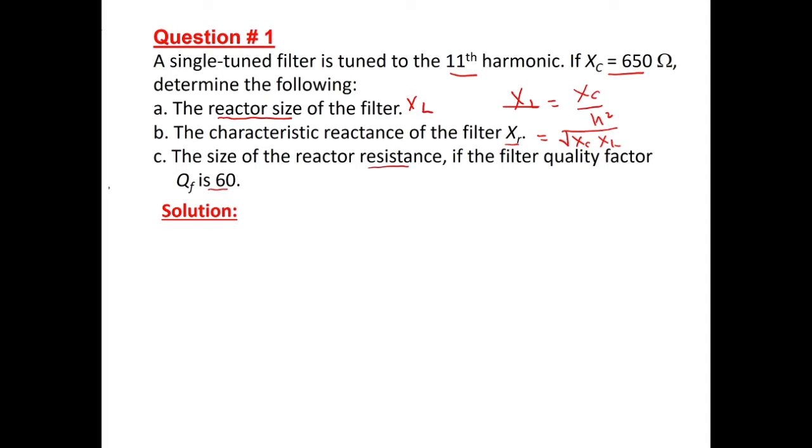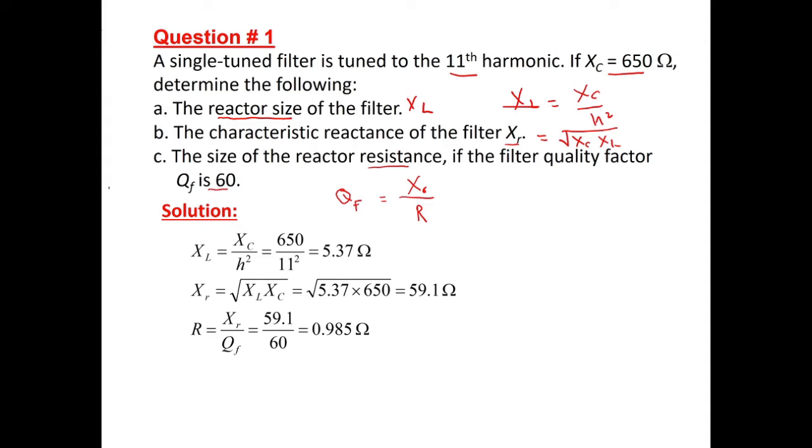We know that the quality factor of the filter equals XR, the characteristic reactance, divided by the resistance. Everything is given except R, and then we can calculate the value of R. Of course, R will be equal to 0.985.